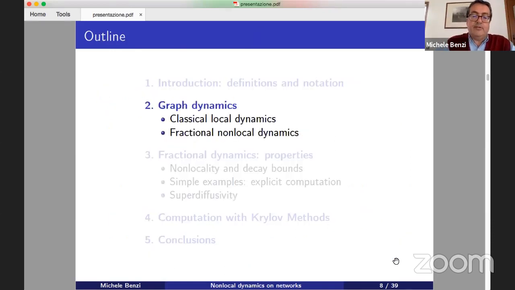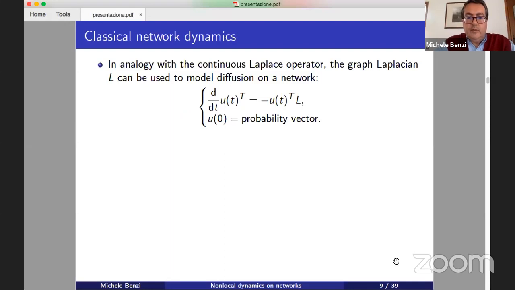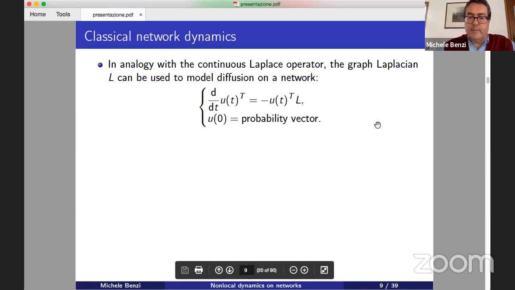Okay, so in this talk, we'll discuss different kinds of dynamics on graphs. In particular, we're looking at diffusion type dynamics and both continuous and discrete random walks. As we will see, this is motivated by certain applications. So in analogy with the continuous heat equation, diffusion equation, one can study diffusion on a network or graph. And this is best written in terms of a probability distribution that evolves on the network.